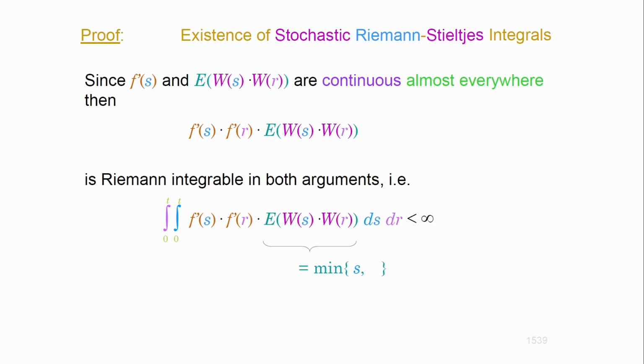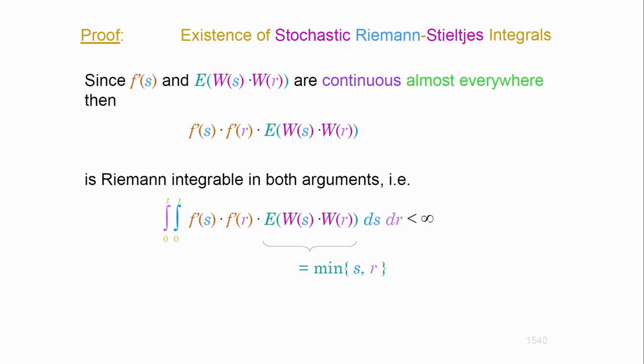In this case, for the Wiener process, of course, this is Riemann integrable in both arguments, but in the general case, if this is not a Wiener process, you would need to check first. What does that mean? It means the following: if you integrate this with respect to s and then with respect to r, then the integral is going to be finite.